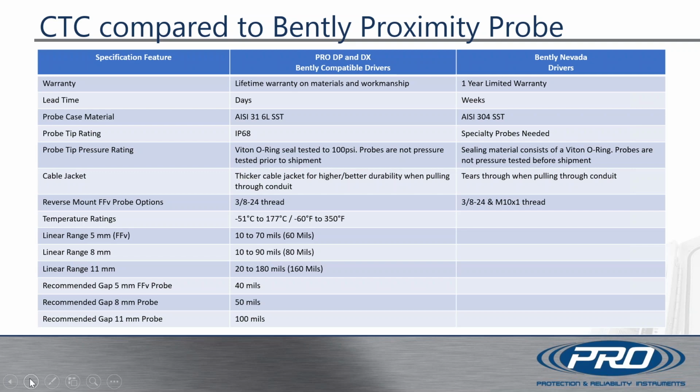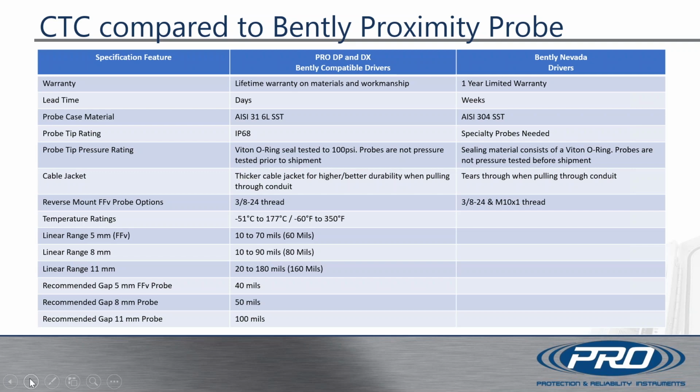Our lead time is days, and Bentley's is weeks. Our probe case material consists of 316L stainless steel, while Bentley Nevada uses 304 stainless steel. 316L stainless steel is a much more robust metal to withstand harsh environments.